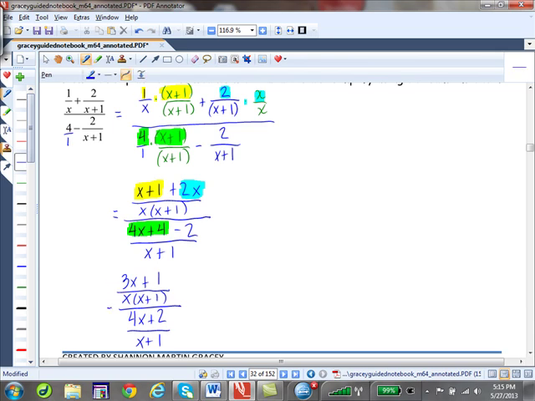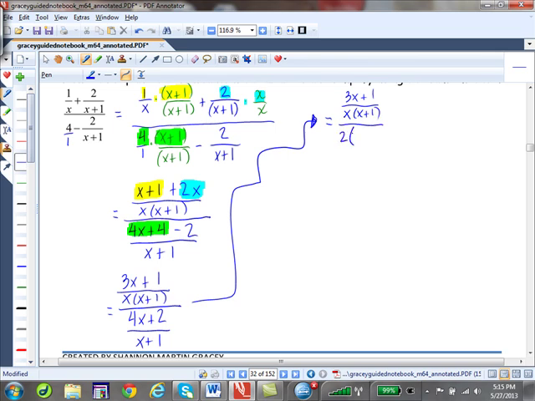Let's bring that over here. So now I'm going to factor what I can. We'll have 3x plus 1 over x times x plus 1, which is already factored.